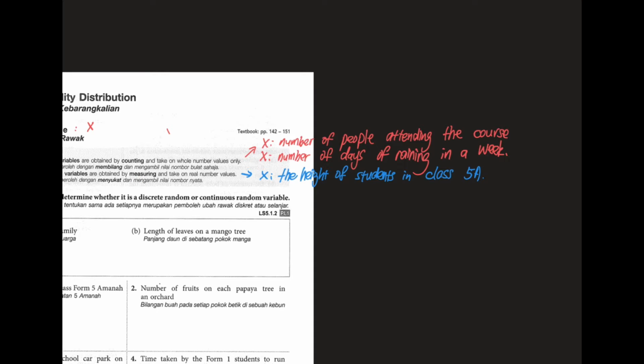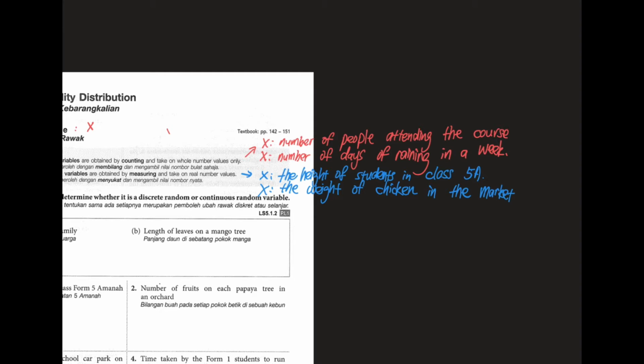Another example, let's say you want to find out the weight of chicken in the market, for example. Then you have to measure the weight by using weighing machine, and then it can take decimal number.